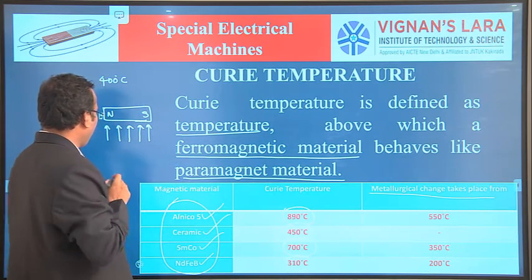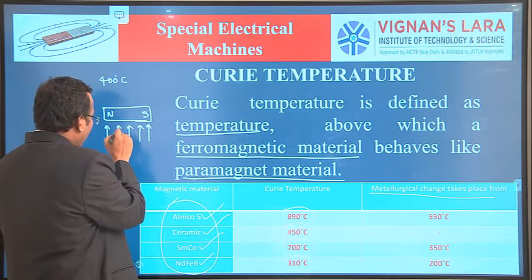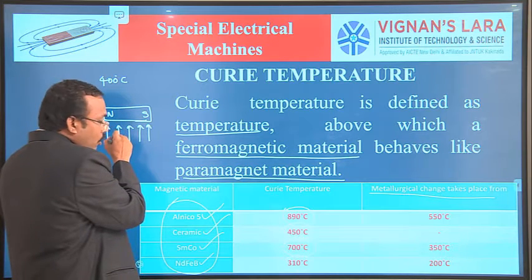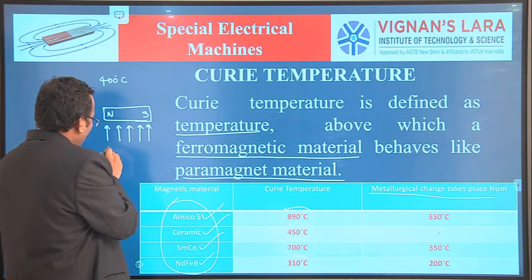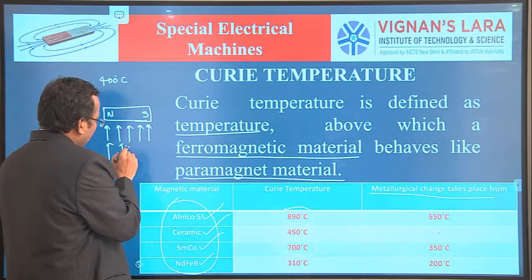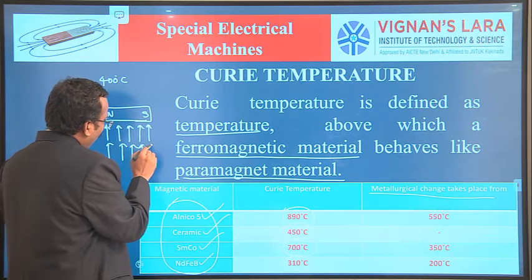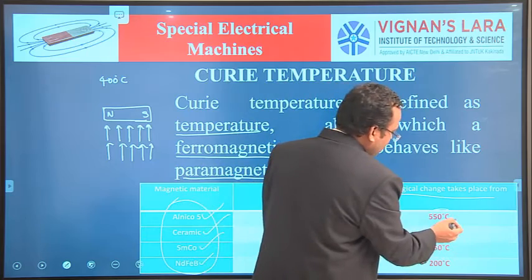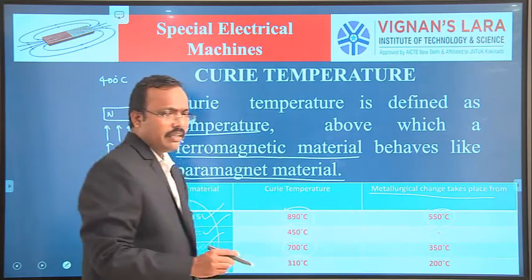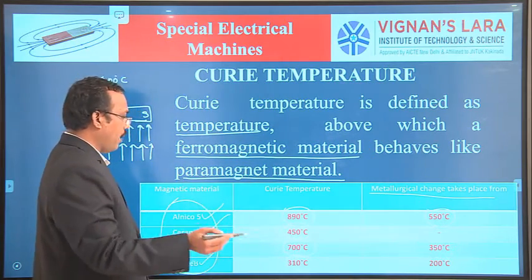See here, very important: the dipoles of the magnet may align in different ways. Up to 550 degrees Celsius, there is no change in the direction of the magnet dipoles.